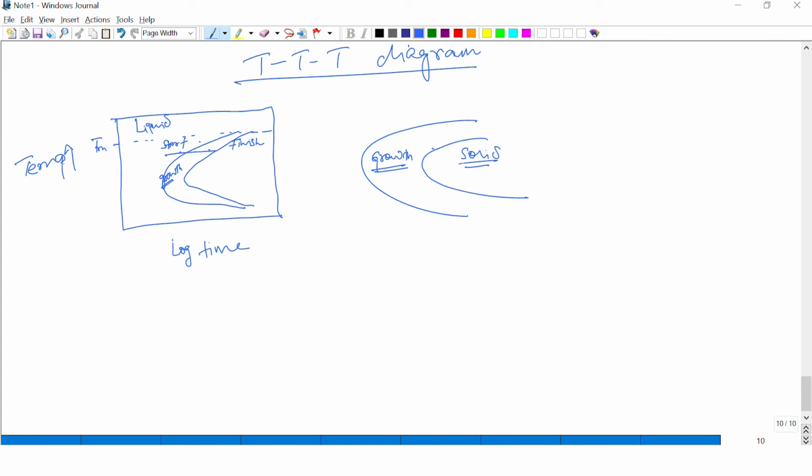So, the question is whether this solid will be crystalline or not, when this transformation is completed and we reach this finishing curve.